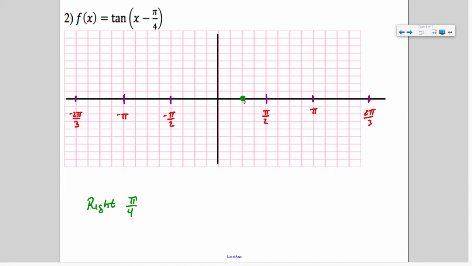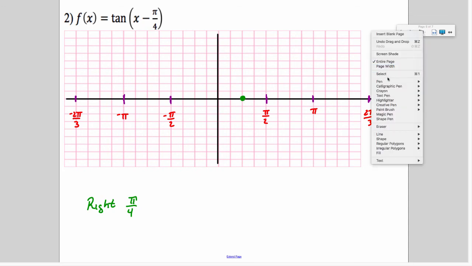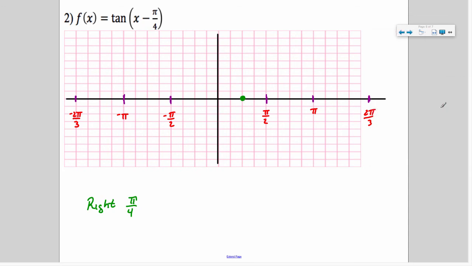Well, let's take our origin and move it over pi over 4, which again is halfway to pi over 2. So what that does is it takes everything and shifts it over pi over 4. So remember we said that the asymptotes exist at pi over 2, right? Well, now we have to move them over to the right. So here are our new asymptotes.